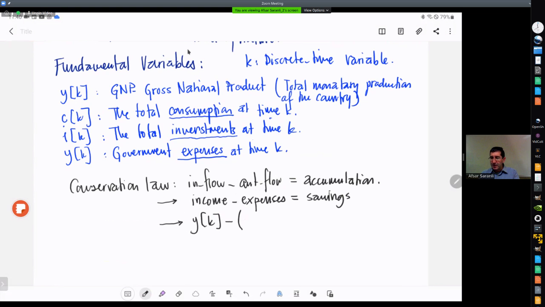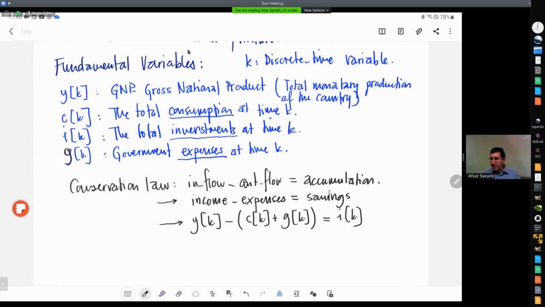We have the consumption, c of k, and then we have g of k, the government expenses, and that needs to be equal to our savings or investments of our country, I of k.